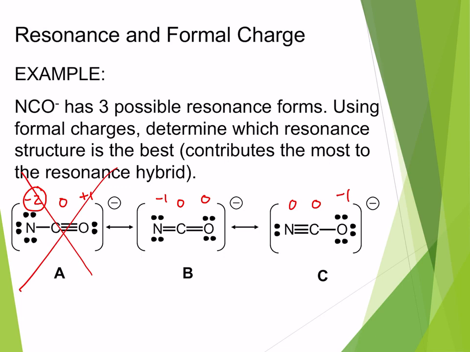So we need to figure out where the negative should go. The negative is always going to go on the most electronegative atom. If we look at our periodic table, we would see that oxygen is more electronegative than nitrogen. So since oxygen is more electronegative, it should bear the negative charge. So our answer is C.